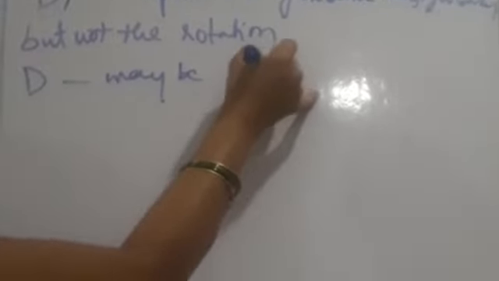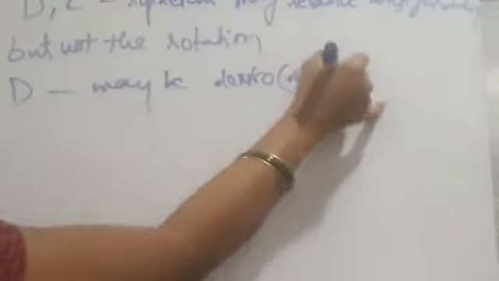So the D form may be in dextro form or levo form, and the L form may be dextro or levo. It may show a dextro rotation or levo rotation.